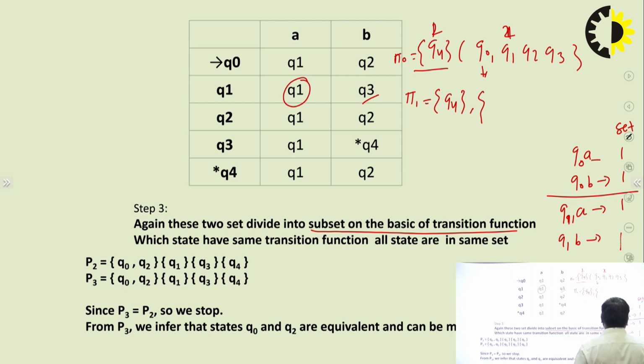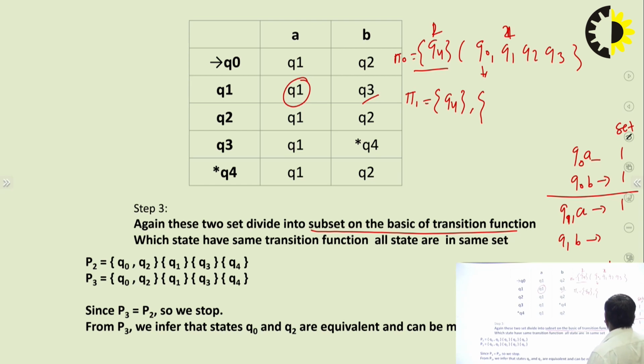Again we check another state, Q2 on A and Q2 on B. Q2 on A is Q1, set number 1, and Q2 on B is Q2, again set number 1. It means Q0, Q1 and Q2 lie in the same set.